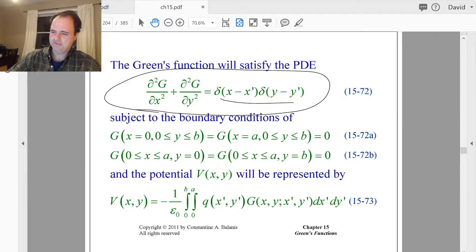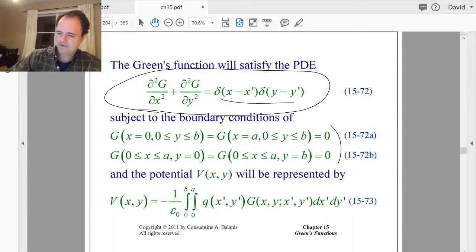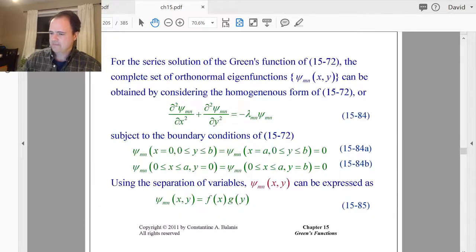It has to obey the same boundary conditions. And then once you do that, the potential will be equal to this. And that's what we had in the closed form solution as well. V was equal to that. And the task was then to find G.